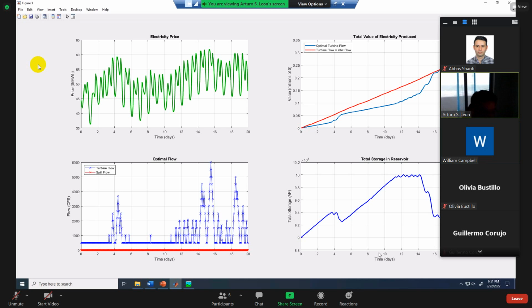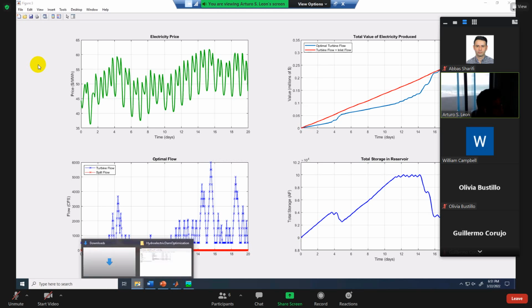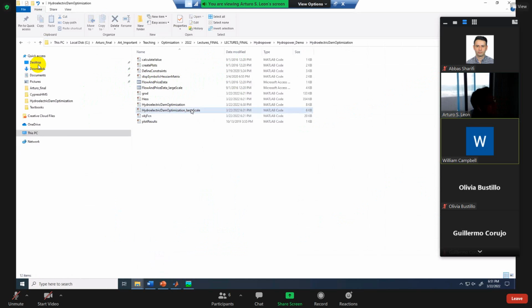Okay, so you would need to run the hydropower large scale. I think you opened the first one. Can you open the hydropower electricity large scale? That's the name of the file. Okay, that's why. I thought it was supposed to just happen for this one. Yeah, that makes sense.